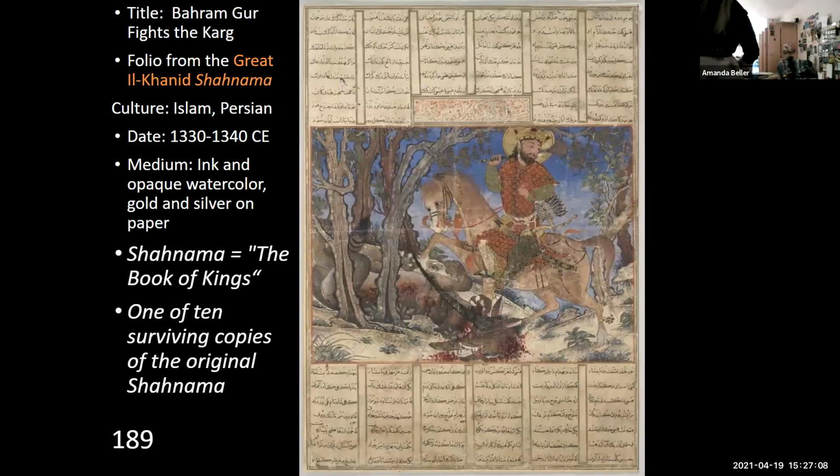All right, we're going to stay with our Persian aesthetic here, and we're going to look at a page from a book. The book is called Shahnameh, which just translates as Book of the Kings. Book of the Kings, the Shahnameh.